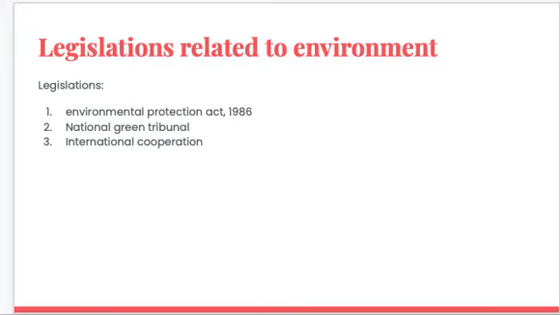That speedy trial be given. You can't have decades and decades of the same case going on without any consideration for the environment that is being impacted. So, National Green Tribunal was established to function as an organ of environmental protection by the state.